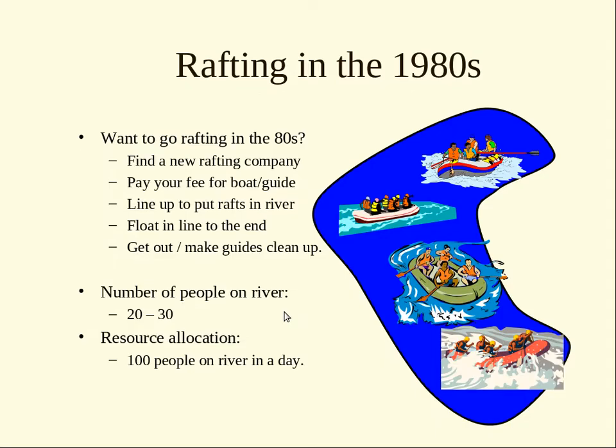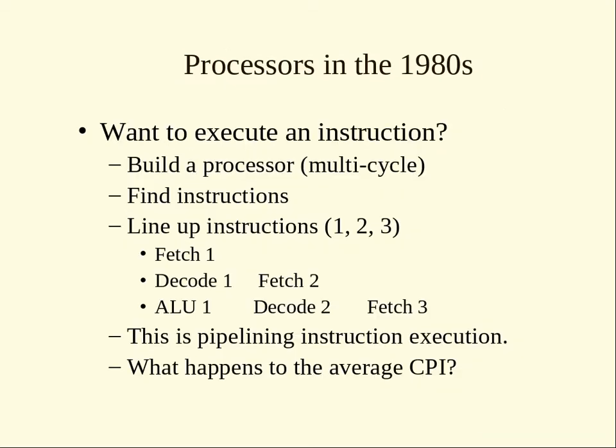Anyways, rafting in the 80s: find a new rafting company because people were getting into it. Pay your fee, line up the rafts, float, get out, clean up. Guides possibly clean up, so you can probably hold about 20 or 30 people, maybe 100 people in a river a day. This was the multi-cycle one: find instructions, line them up, and this was the pipelined instruction.